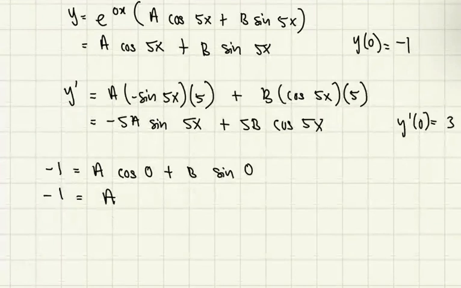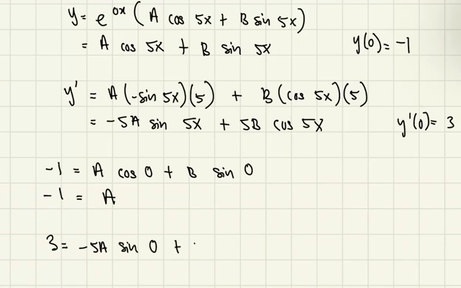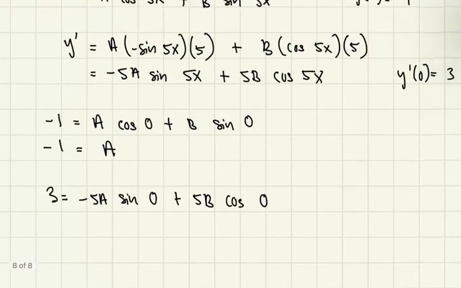Second, y prime 0 equal to 3 for the second initial value. So substitute into this equation. So we have 3 equal to minus 5a times sine 0 plus 5b cos 5 times 0.